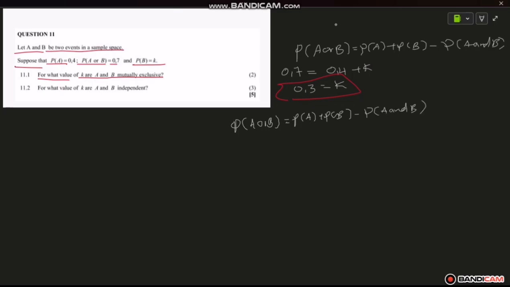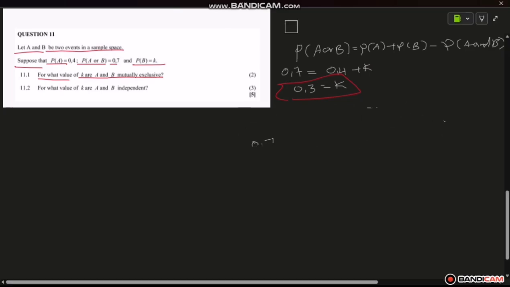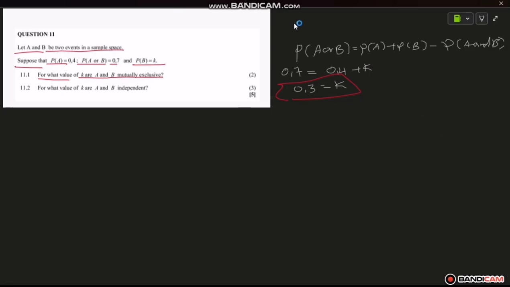So we have 0.7 as P of A or B, equal to 0.4 plus 0.3 minus P of A and B. So we must solve for P of A and B. Therefore, 0.7 equals 0.7 minus P of A and B. When we transpose the 0.7 to the left, it will be 0. Therefore, our answer is correct. The value of K is accurate. I hope that makes sense.